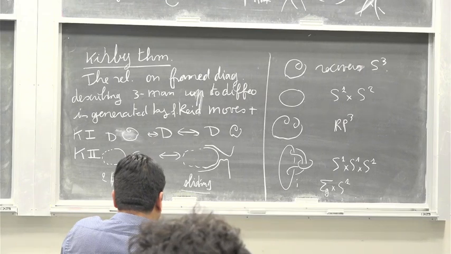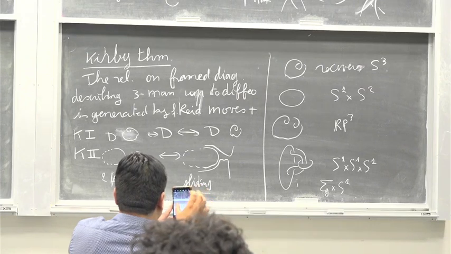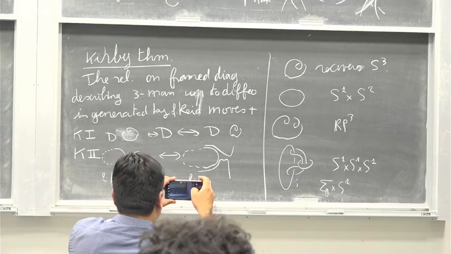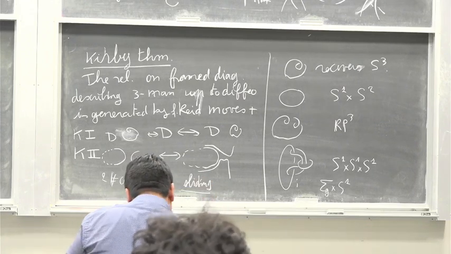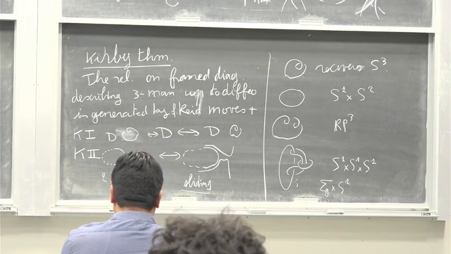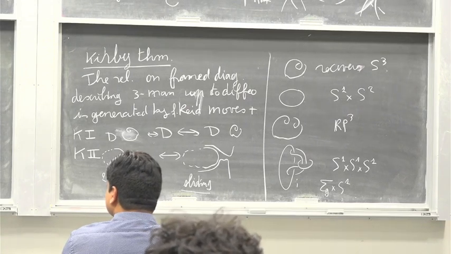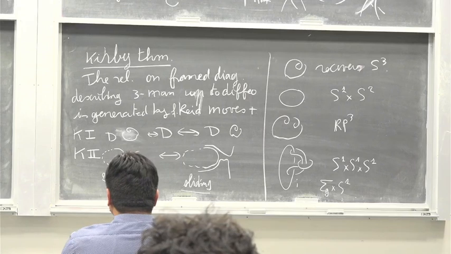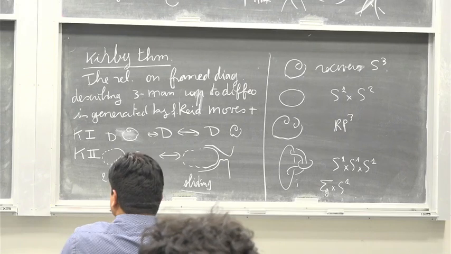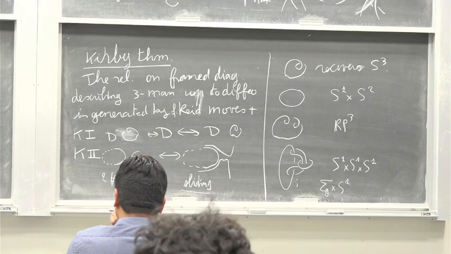You have many. What the Kirby theorem says is that you may have a lot of descriptions of the same three-manifold, but we know that there will be a finite sequence of local moves or elementary moves going from one diagram to the other diagram. Okay? So you have a combinatorial tool for constructing invariants of three-manifolds.